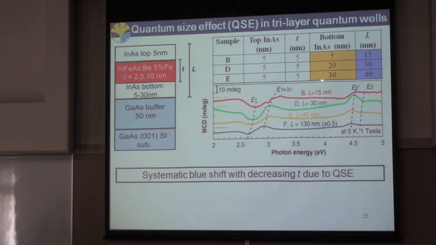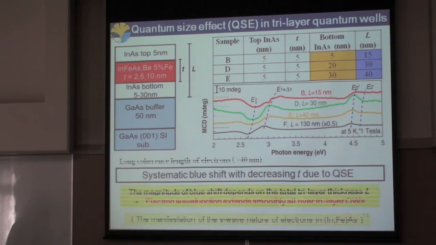And then we measured another series of samples in which we changed the thickness of the bottom indium arsenide layer. So we changed the thickness of this layer so that the total thickness of this tri-layer L is changed from 15 to 40 nanometer. So even when we changed the thickness of the bottom layer with a fixed indium iron arsenide layer, we see the similar blue shift with decreasing the thickness.